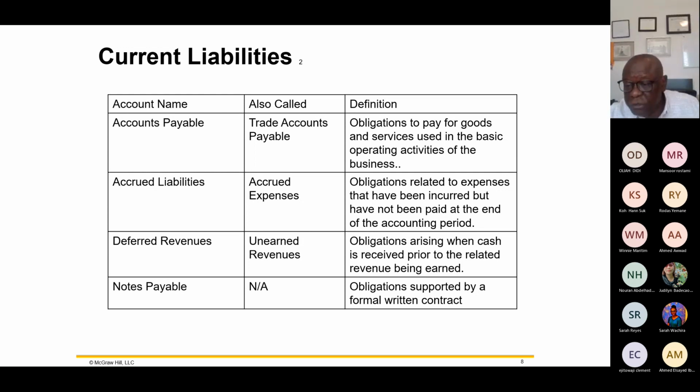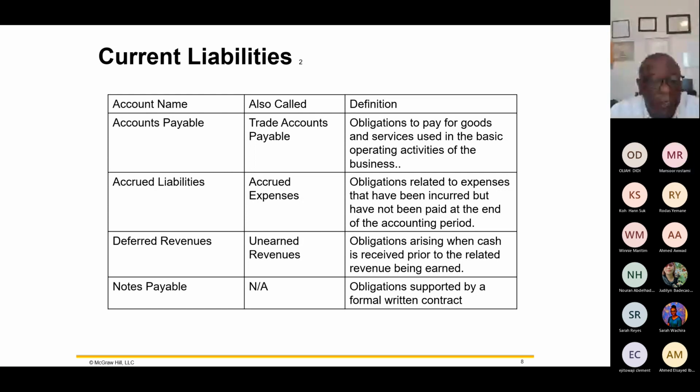If you receive cash from a customer, will it always result in current liabilities? No. So I'm putting that question the right way around again. If you receive cash from customers for goods not delivered, that will result in current liabilities. That's true.